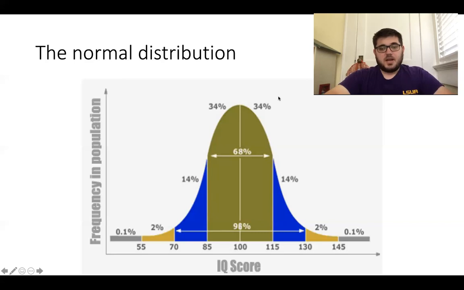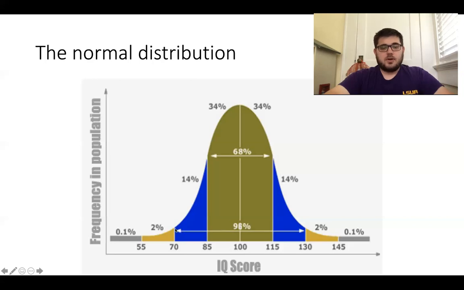Remember, with sampling error, that means you don't get the exact population mean every time you go out and collect data. You find data that is slightly higher, slightly lower than the mean, but they tend to hover pretty close to the mean. Extreme scores, like someone with an IQ of 145 would be very rare.